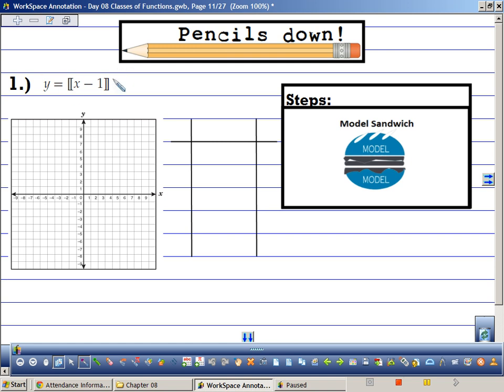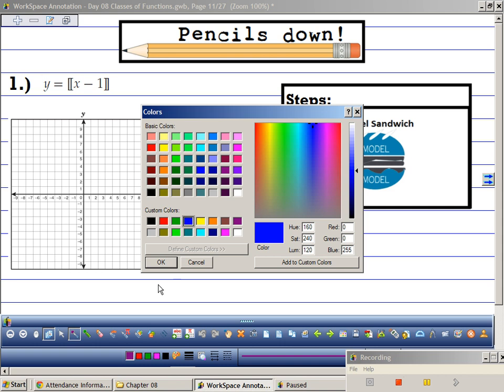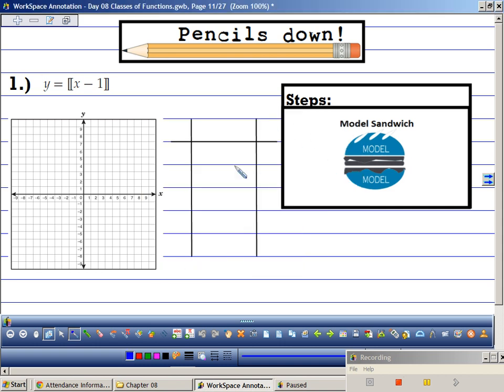All right, pencils down. I'm going to go ahead and graph this greatest integer function for you so you can remember about that. My first step is to ask myself what is the behavior, what type of graph it is, and I've already said it. This is a greatest integer function.